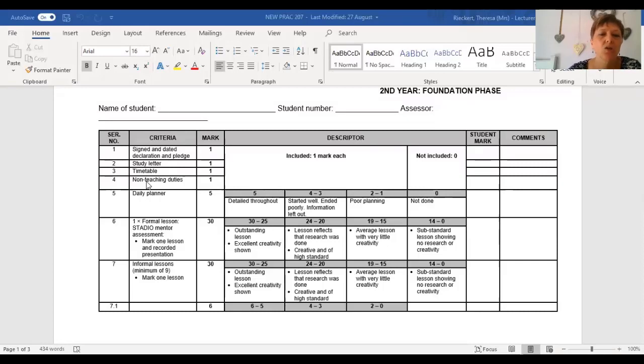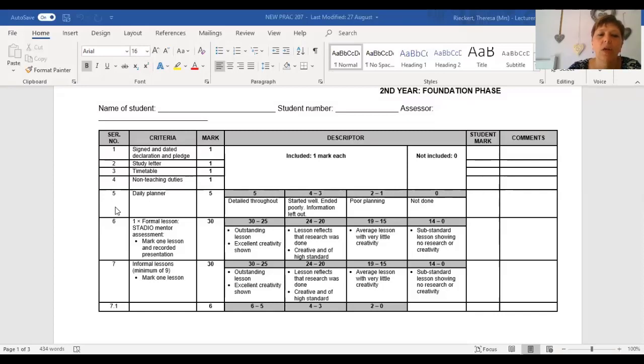So if everything was verified on the document, then you give the student 1 mark. If there's no verification, then they don't get the mark. They get 0. So for the first 4 things, they get 1 or nothing. You can just jot down the marks here in the column that says student mark.